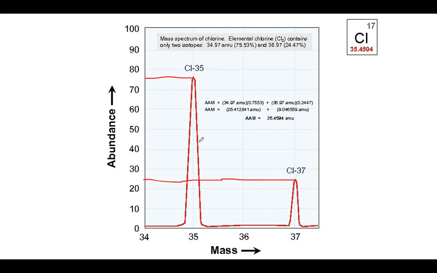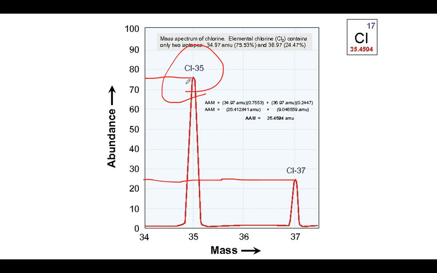Now, just a couple of things to point out here. Since the relative abundance of chlorine-35 is much greater, normally, if we took the average between 35 and 37, we would get 36.